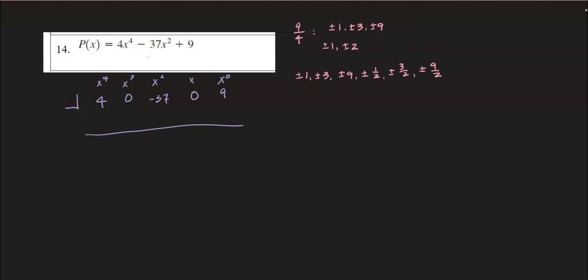I'm going to try a 1, 4. 4, that's 4. And then we have a 4, and then a negative 33. That is definitely not going to work.